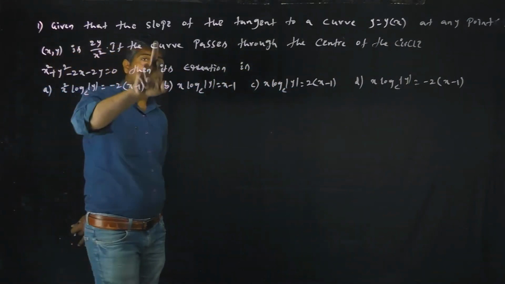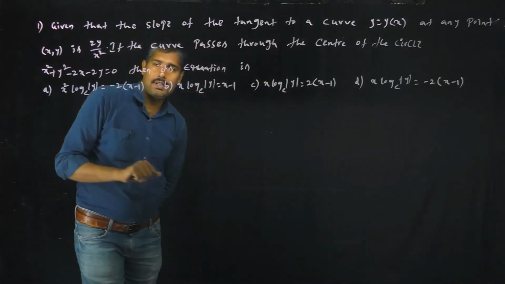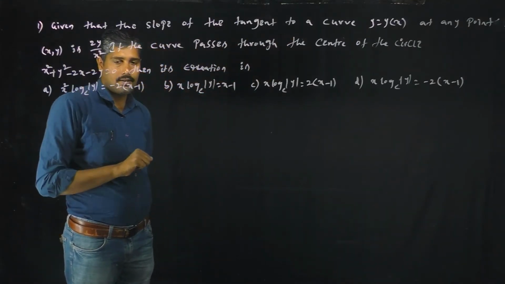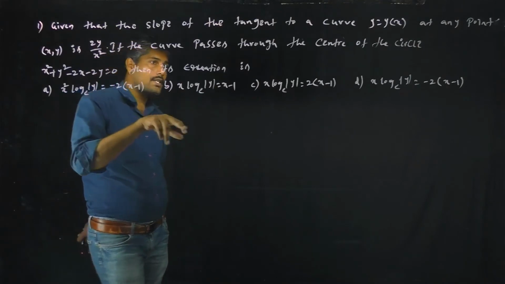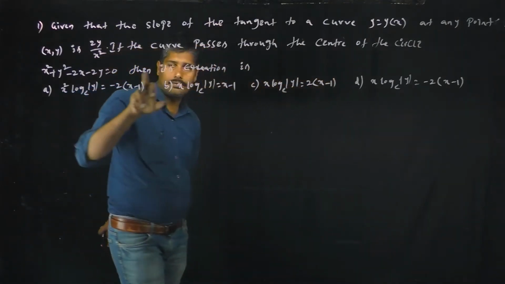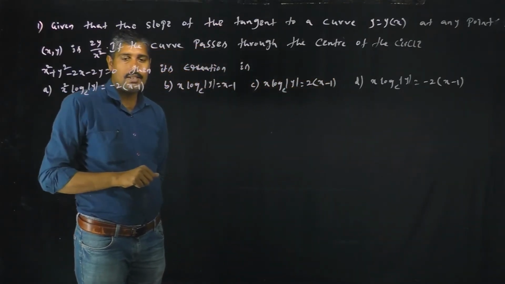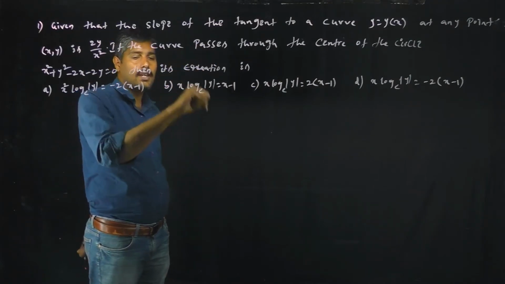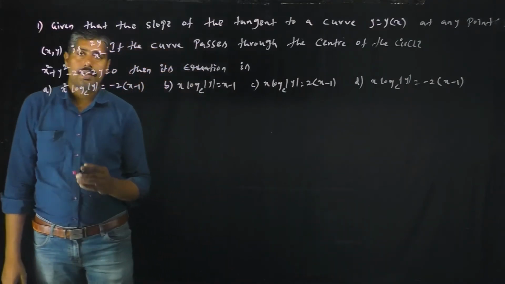The slope of the tangent of the curve is 2y/x², and that curve passes through the center of the circle. Find the equation of that curve. See the solution.